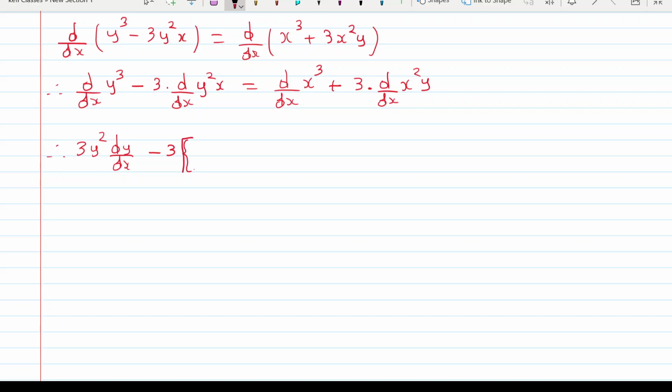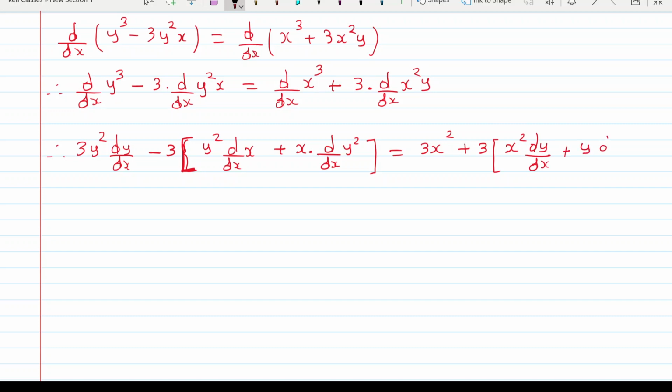So it's y square into d by dx of x plus x into d by dx of y square is equal to d by dx of x cube is 3x square plus 3 again, and this is now product rule, तो bracket, ठीक है, and so it's x square into dy by dx plus y into d by dx of x square.